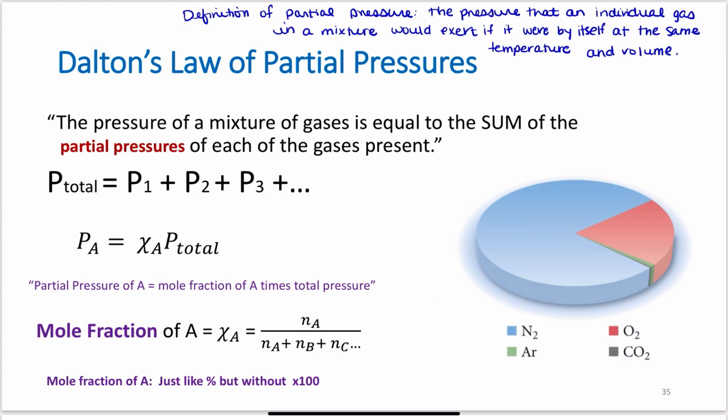So what it's telling me is the total pressure of the system is equal to the individual partial pressures of the gases that make up that system.